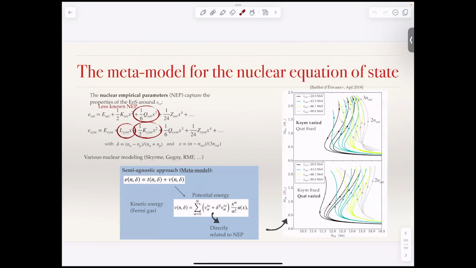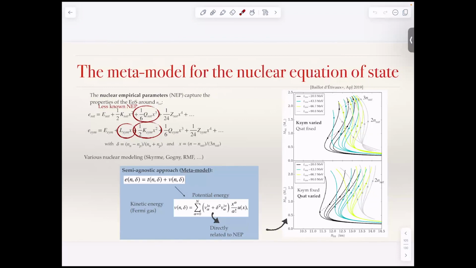Okay, so this is just an example. So suppose that you vary some of these empirical parameters and you compute the equation of state, and then you inject it in the TOV equations, and you generate a family of mass and radii.